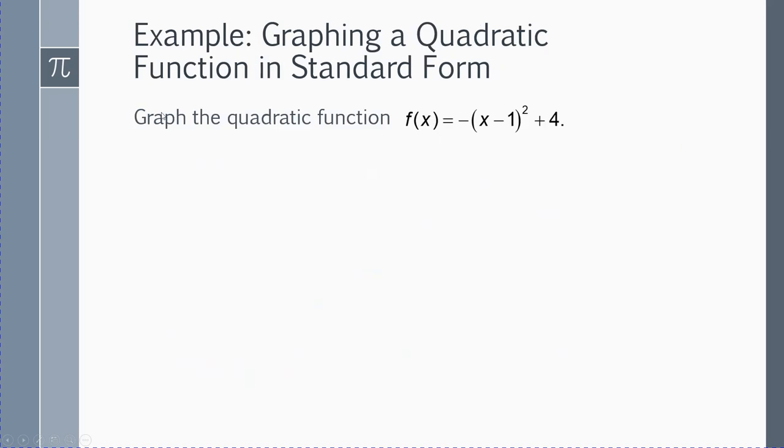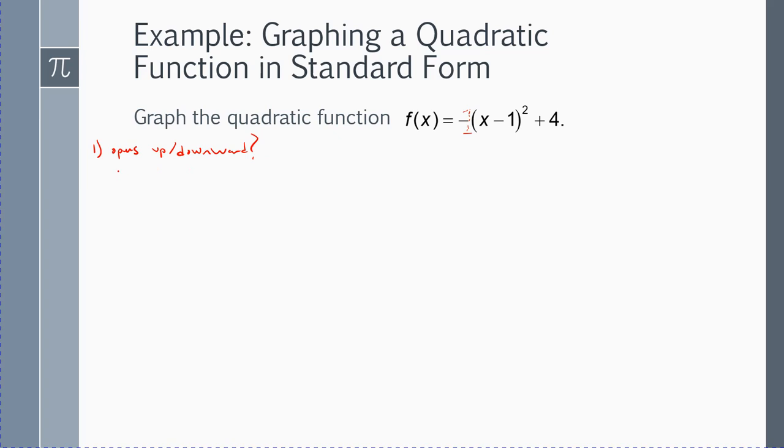So here's the first example. Graph the quadratic function f of x is equal to negative, and then in parentheses, x minus 1 squared plus 4. Okay, so the first thing you're going to do is determine whether it opens upward or downward. All right, so notice there's no value in front here, so there's really an invisible 1 here.